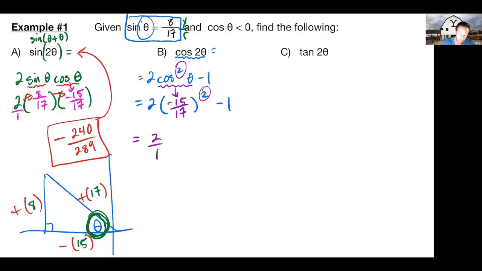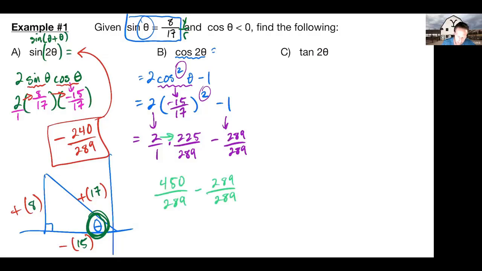Rewriting and squaring that would give me, and then don't forget we also have to subtract 1, which I'm going to rewrite as a different looking 1 so that I can actually subtract with common denominators. But before I do that, I'm going to have to double the top. So that would give me 450 over 289.